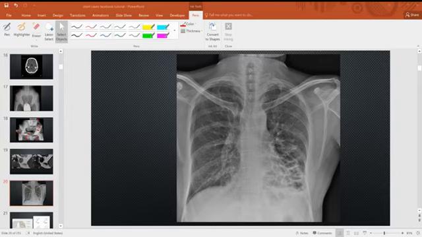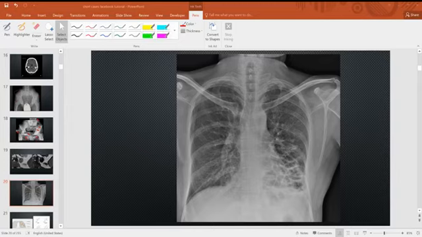Someone wrote right-sided cystic bronchiectasis, left bronchiectasis, basal.